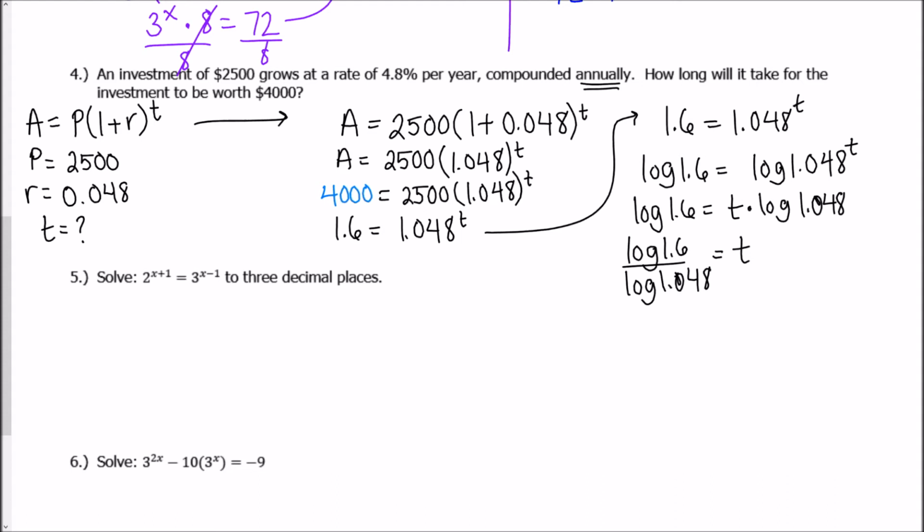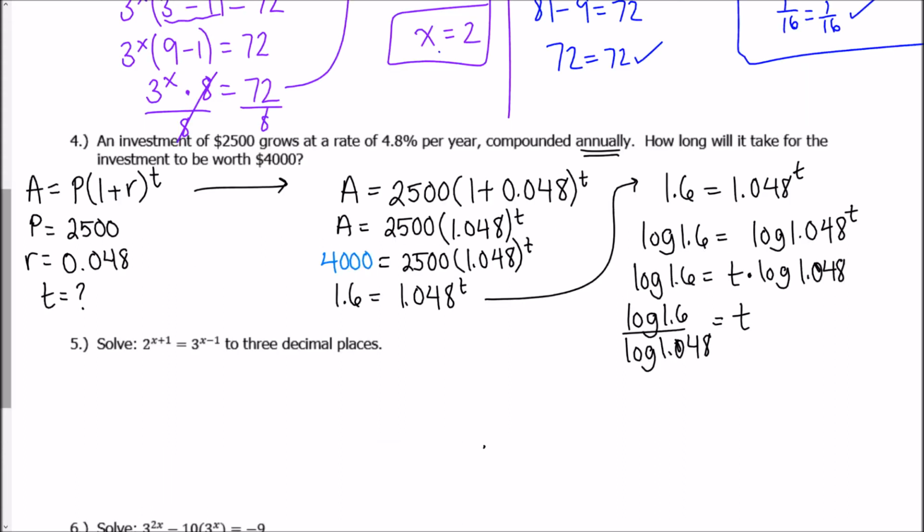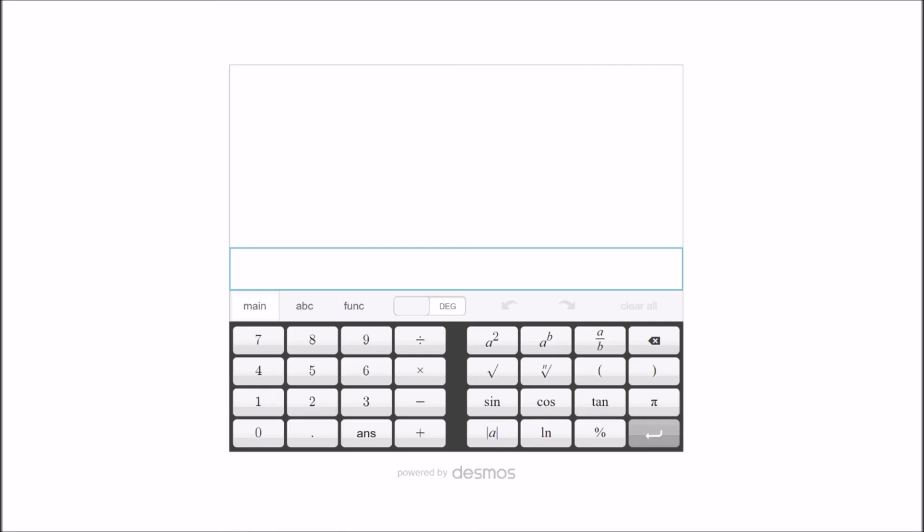So I'm going to go ahead and type that into my calculator, and I'm going to use the Desmos scientific calculator because it's a lot more straightforward than the one that's on the computer here, okay? So I'm going to open up my scientific calculator on Desmos, and I'm going to type in a fraction, and I'm going to type in that I want log.